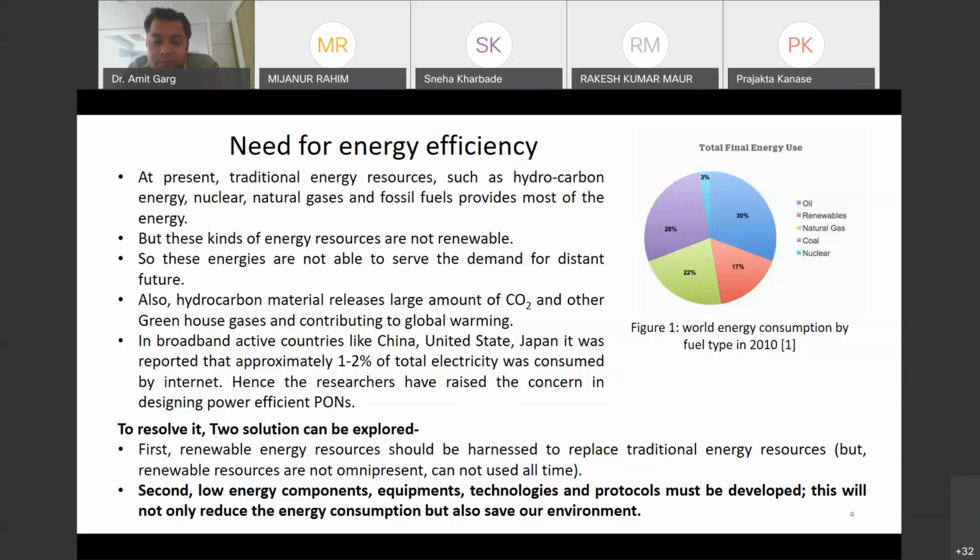Okay, and due to the smart living lifestyle or smart cities, lots of IoT applications are increasing as things are becoming smart.